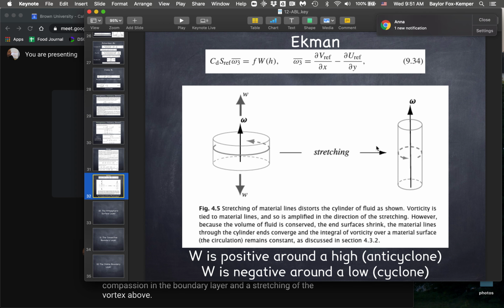And the funny thing about this is what this tells you is that the Ekman layer tends to eliminate any relative vorticity in the fluid above it. Or to put it simply, the Ekman layer is a damping layer. The Ekman layer damps vorticity. It damps vorticity through surface drag and turbulent transport of momentum.